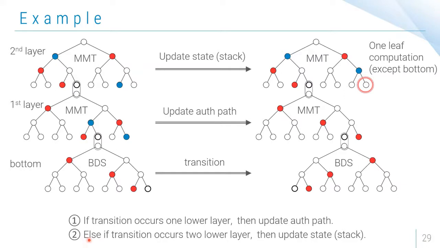From the second condition, the state of this layer is updated. More specifically, this leaf node is generated, and using the next node, this node is computed and pushed on the stack. The point is that only one leaf computation is executed on higher layers.